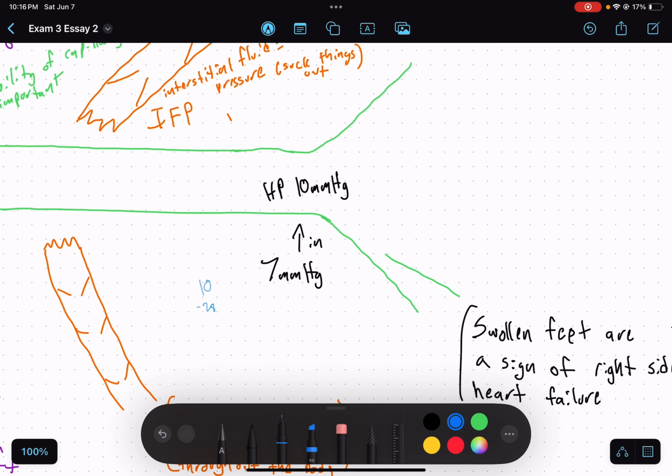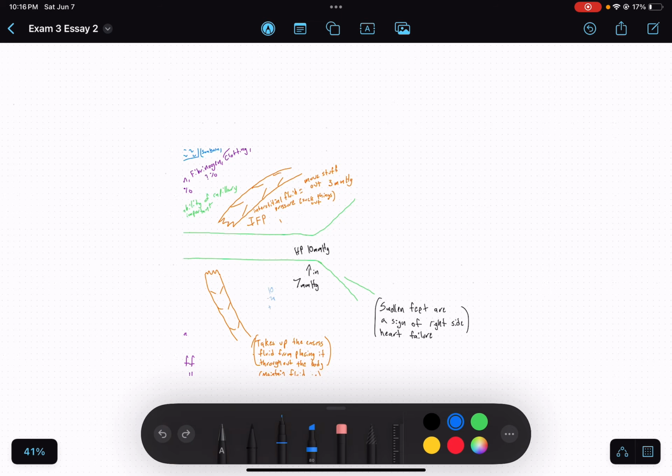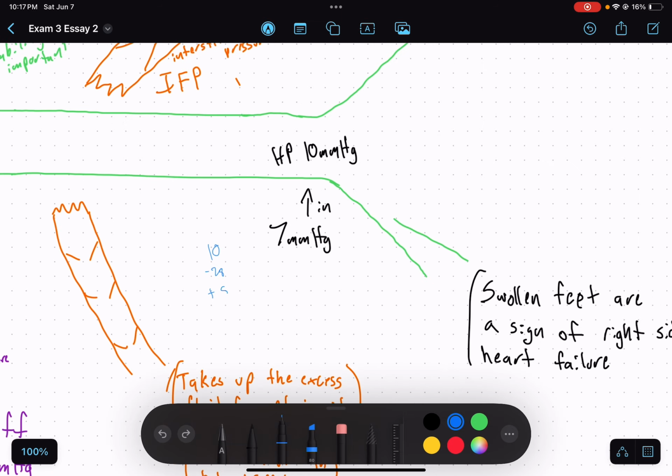10 minus the 28 plus the 8 plus the 3, which is going to get us to around 7 millimeters negative of mercury, and that's in. Because if it was positive, it'd be out.